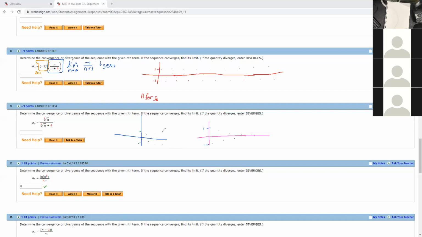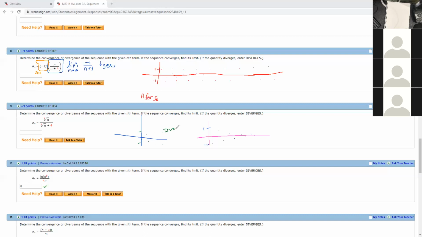To converge, it has to be to one finite number only. Half of the points are getting closer to a number above, and the other half are getting closer to a number below. That's diverging. Does that part make sense?